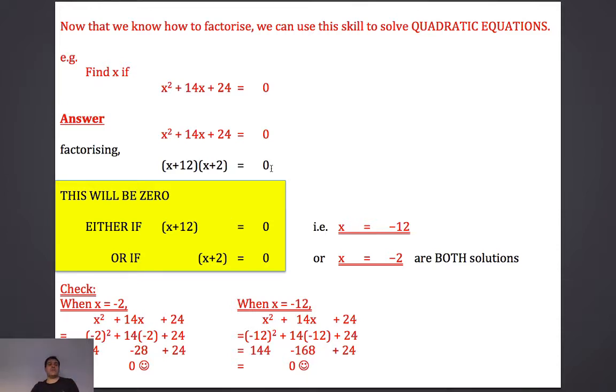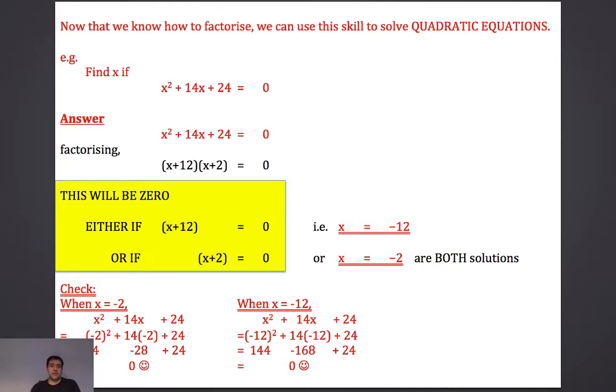itself equal to 0. So x plus 12 times x plus 2 will be equal to 0 if either the first bracket is 0, x plus 12 is 0, or if the second bracket is 0, so if x plus 2 is 0.